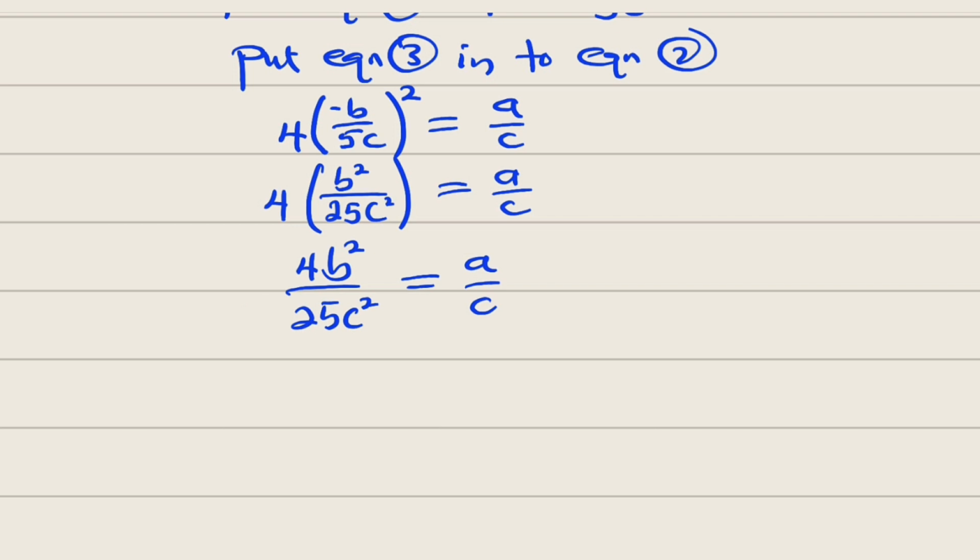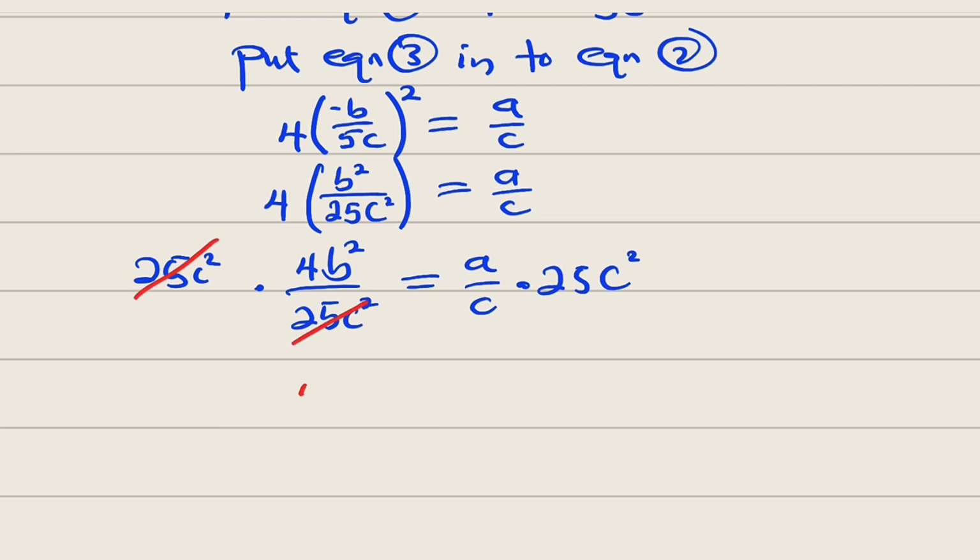We can now multiply both sides by 25c squared, so let us do that. 25c squared, 25c squared. This will cancel this.